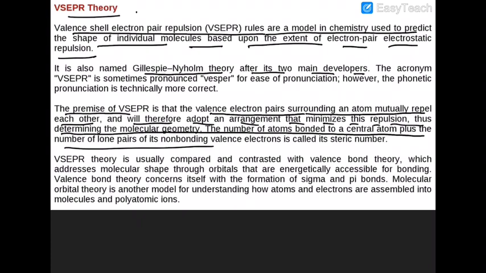VSEPR theory is usually compared and contrasted with valence bond theory. In VBT we take into account that attractive interactions are dominating, which is why a bond is formed. Why the molecule takes such a shape is governed by the repulsive interactions.